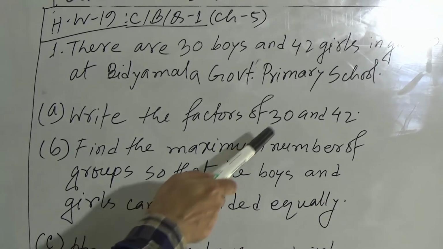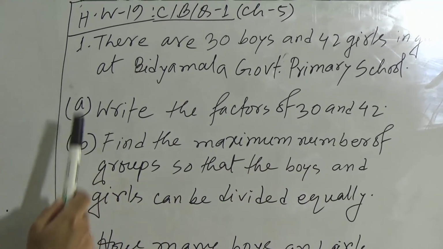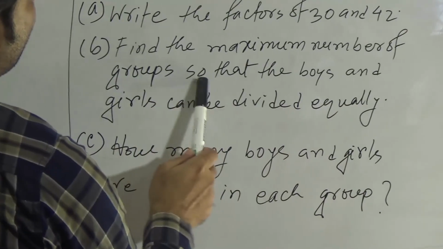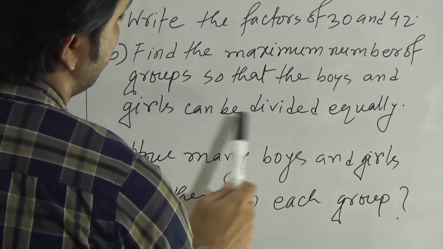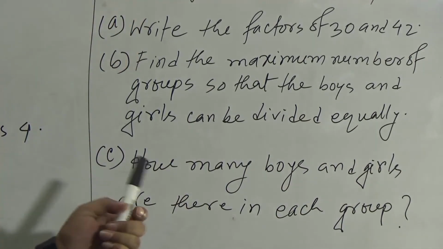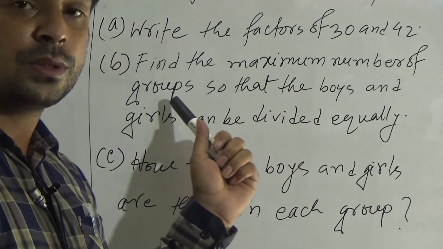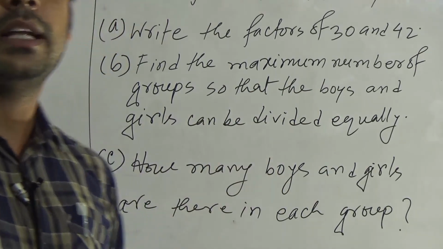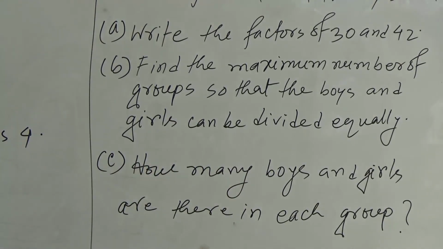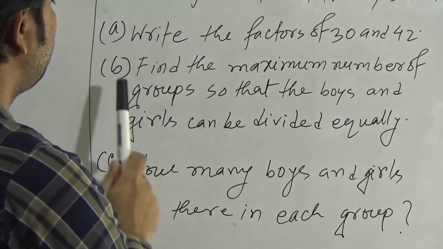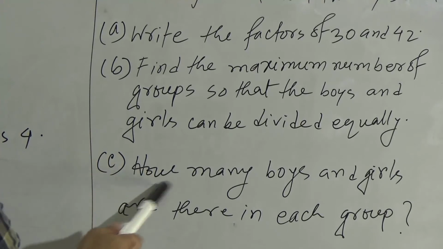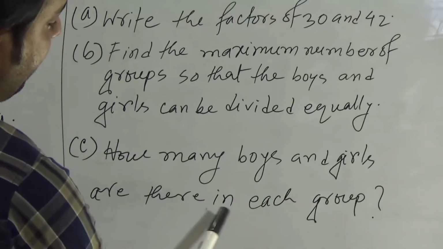Question B: find the maximum number of groups so that the boys and girls can be divided equally. It means the largest number of groups, so you have to do the HCF of 30 and 42. And question C is: how many boys and girls are there in each group?